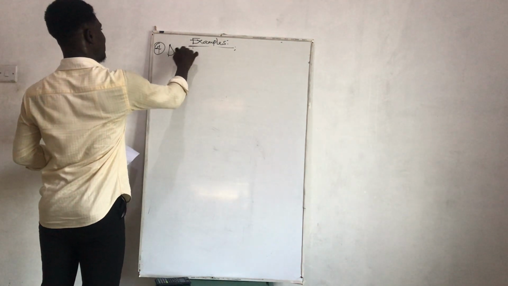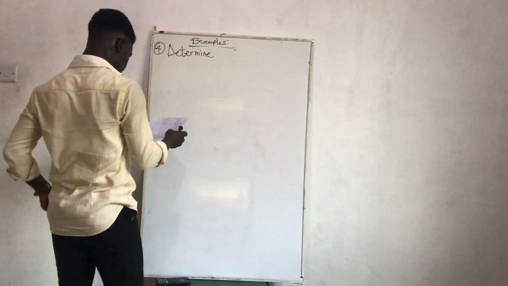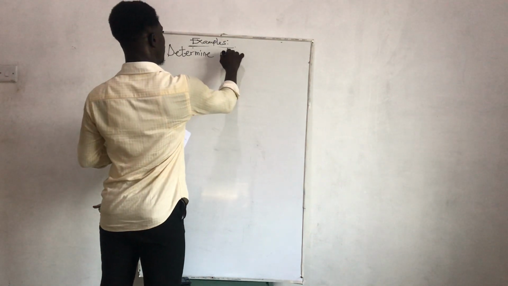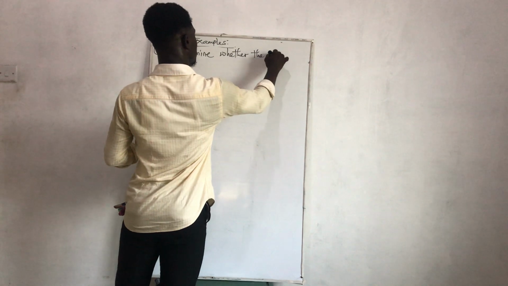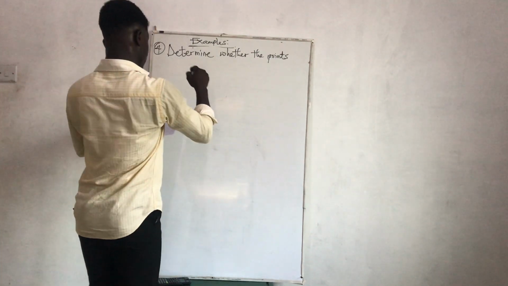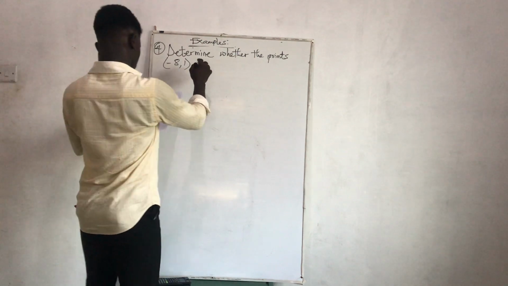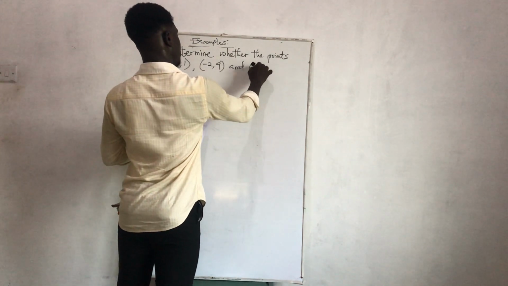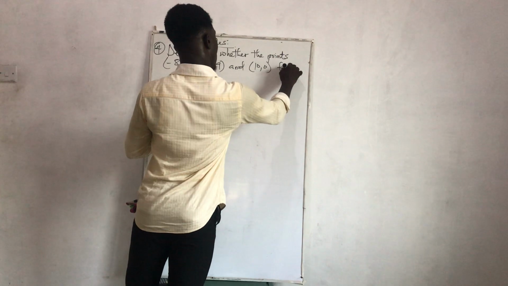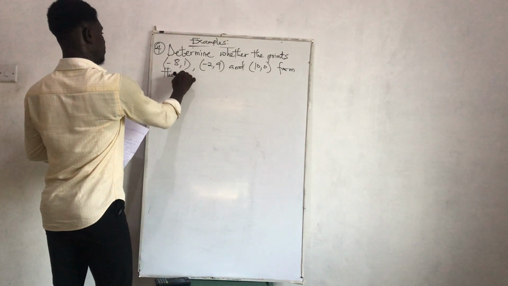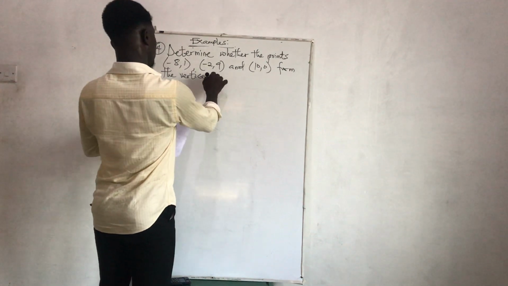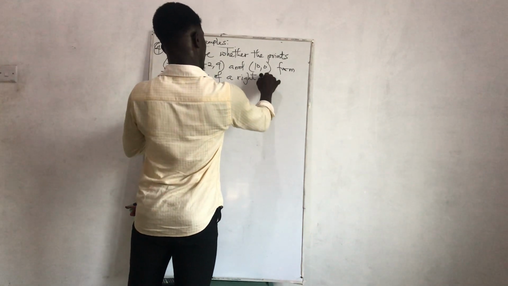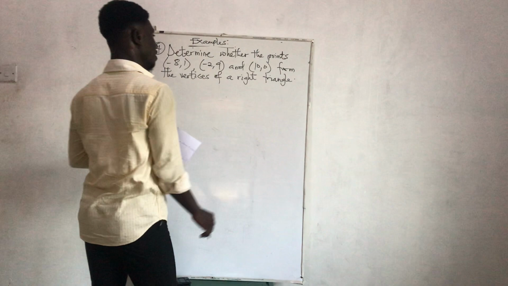They said determine whether the points -8, 1, -2, 9, and 10, 0 form the vertices of a right triangle, or of a right angled triangle.